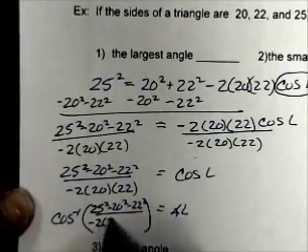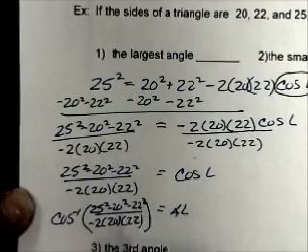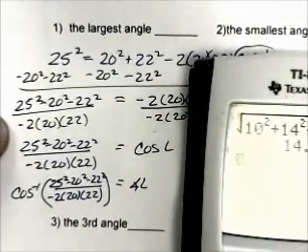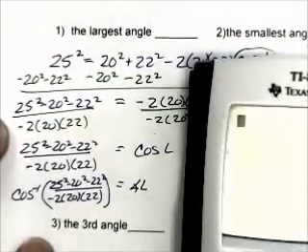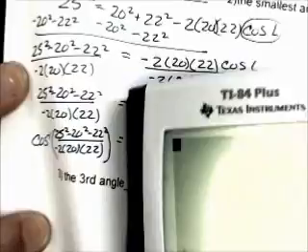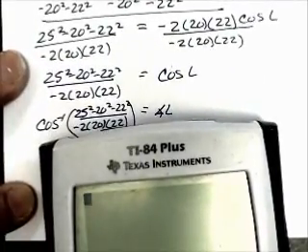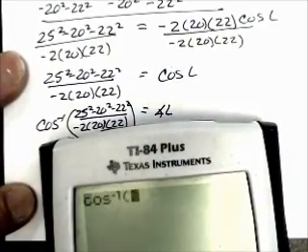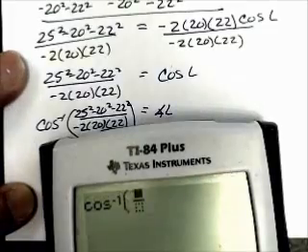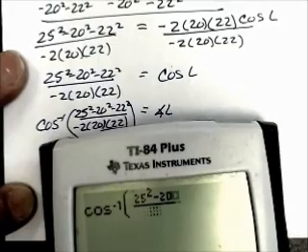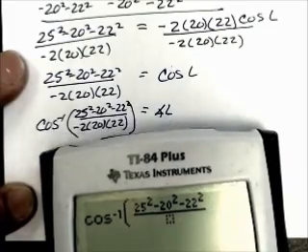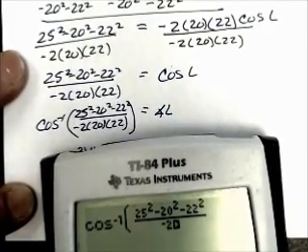Now we go to the calculator as soon as I finish writing this. I'm running out of space. Ready? Calculator. We're looking for the angle measure, so we do second cos, then 25 squared minus 20 squared minus 22 squared, over the denominator, negative 2 times 20 times 22.